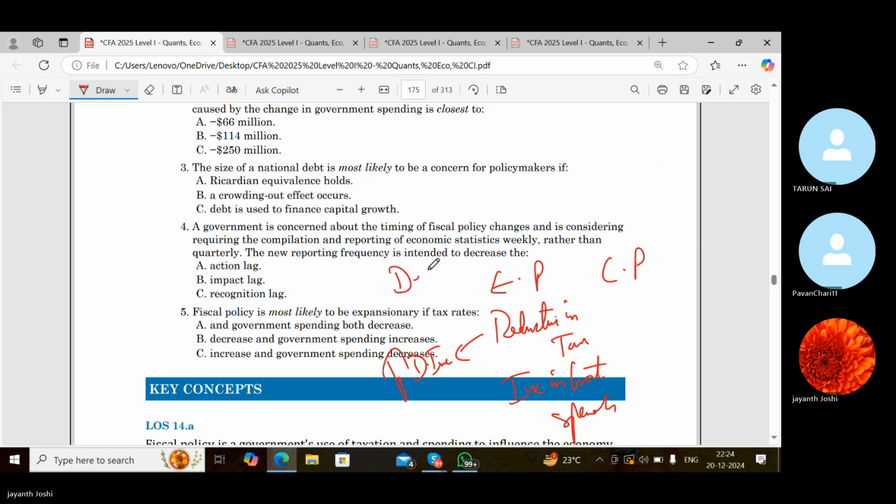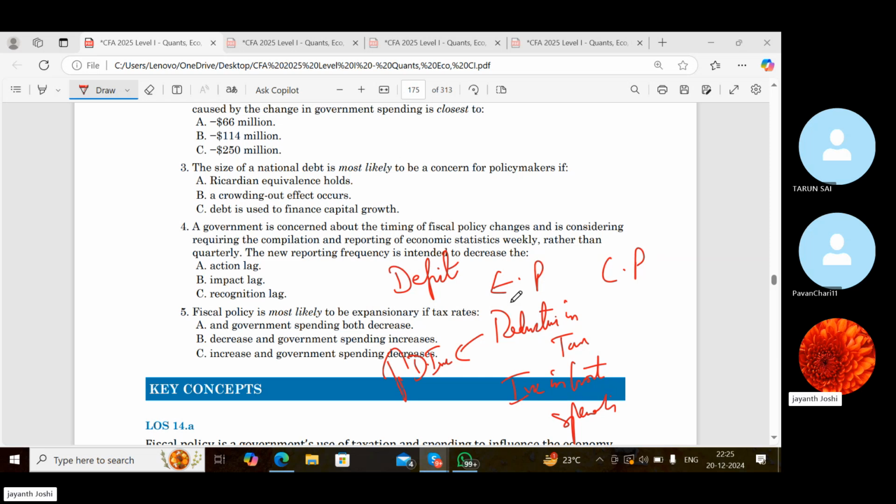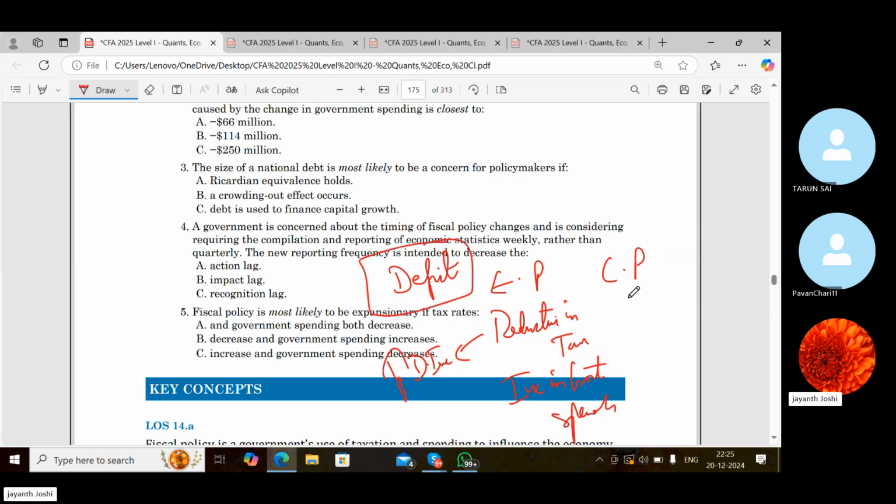Deficit. So reduction in taxes, the government is getting less taxes, that creates deficit.